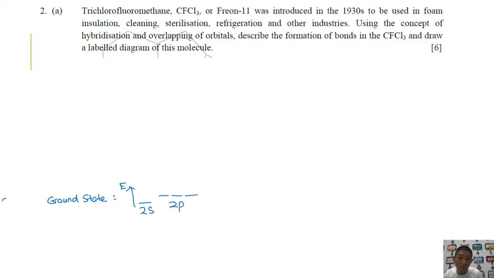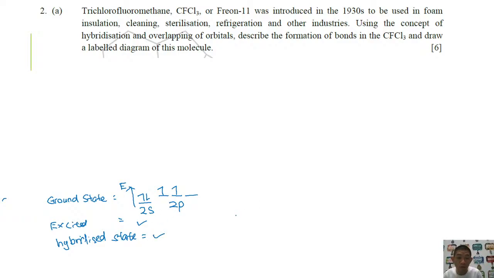You are supposed to write as much as you know, isn't it? Then the excited state, then the hybridized state, etc. So I usually advise students to draw accordingly like this.